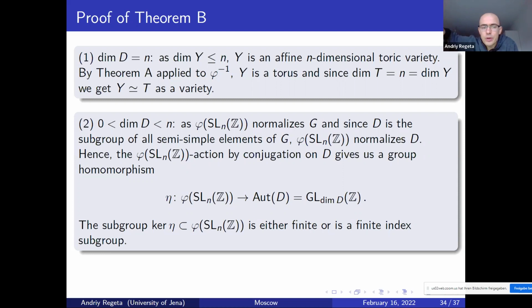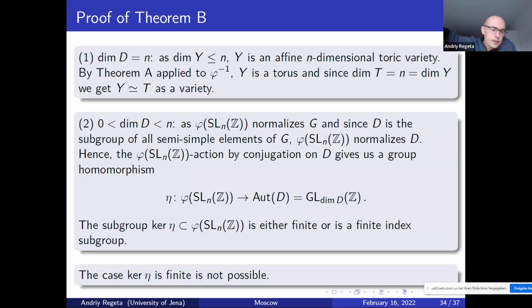Now the subgroup Ker η, the kernel of η, is either finite or a finite index subgroup. It's simply because any normal subgroup of SL_n(Z) is either finite or is a finite index subgroup.